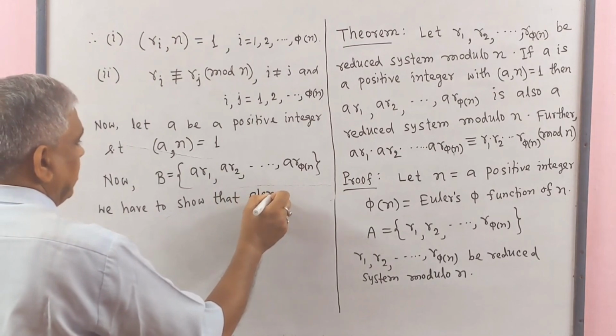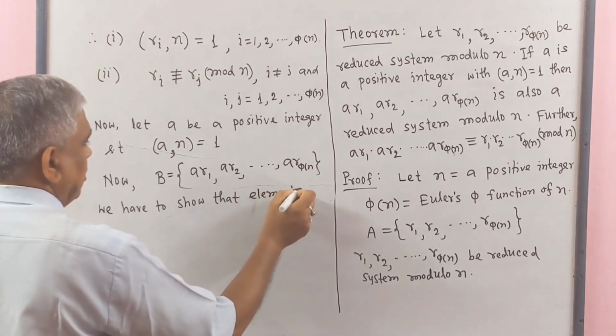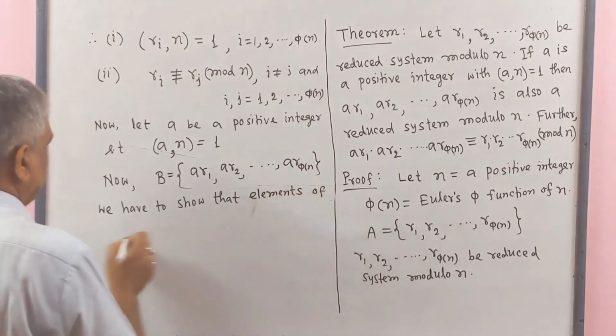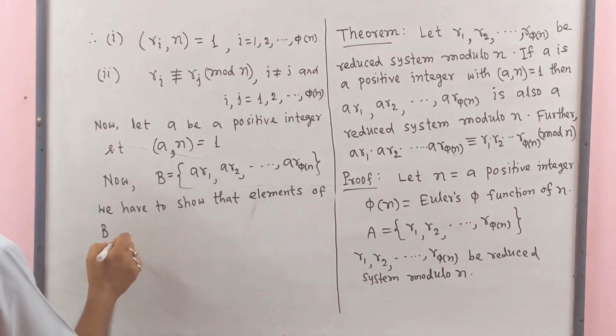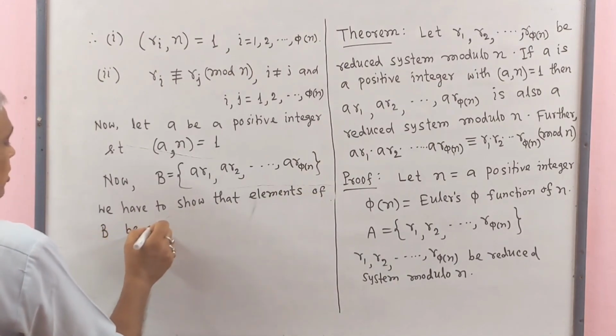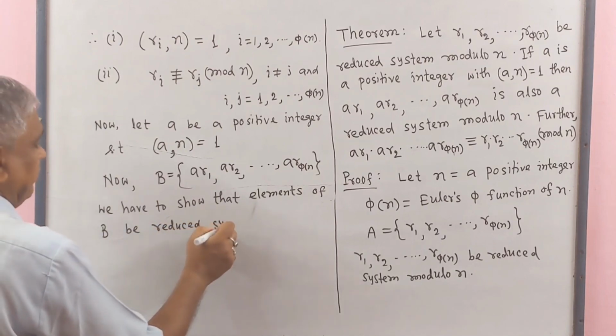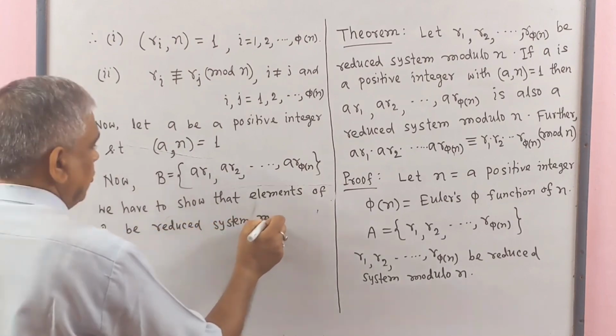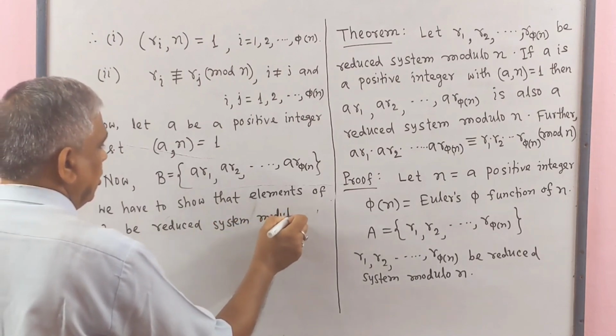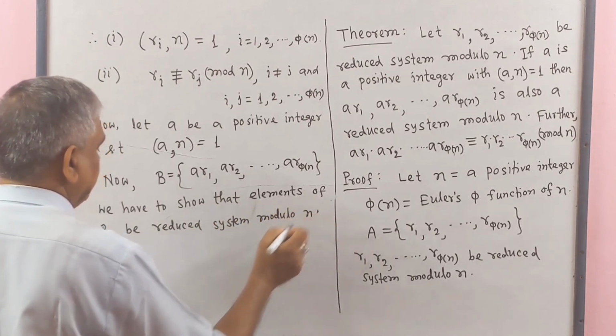elements of B are a reduced system modulo n.